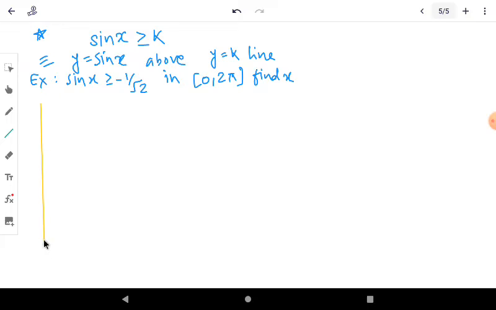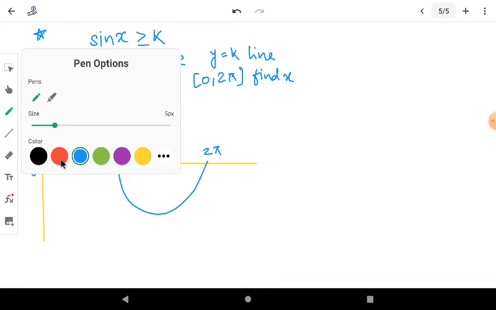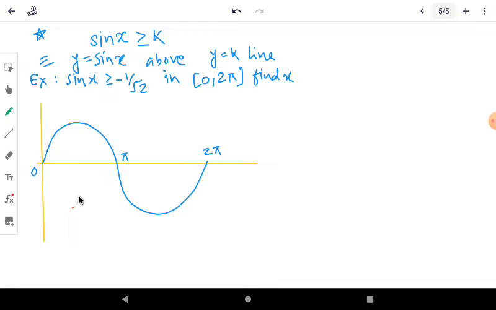This is the x-axis, this is the y-axis, and this is the graph of sin x from 0 to 2 pi, and then I will draw the line y equals minus 1 by root 2, which is like this, minus 1 by root 2, guys, and this is the sin x graph, y equals sin x.